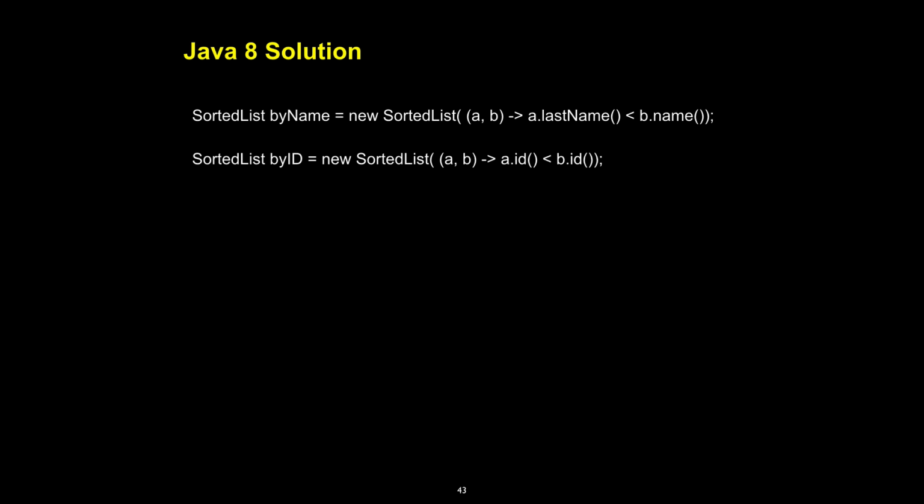Then our tight coupling is only in that lambda, right? We don't need to create a special class. We've further narrowed down where that tight coupling is, and the rest of the system still remains flexible.